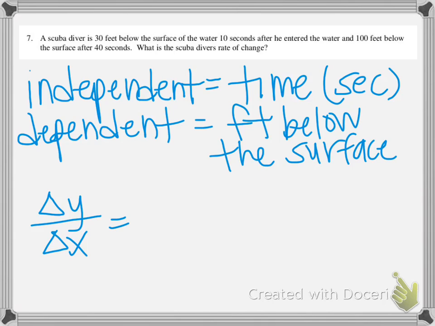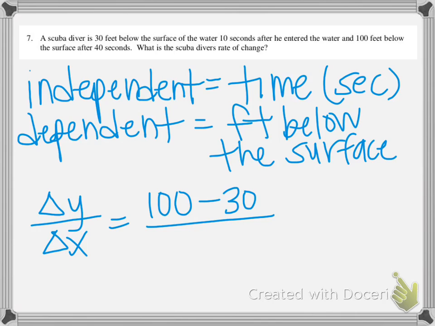Here it doesn't matter what you put first as long as you're consistent, but I like positive things. So I know the 100 feet is greater, so I'm going to do 100 minus 30 for my change in feet below the surface.